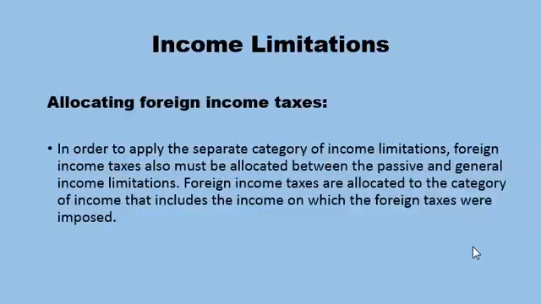Allocating foreign income taxes. In order to apply the separate category of income limitations, foreign income taxes also must be allocated between the passive and general income limitations. Foreign income taxes are allocated to the category of income that includes the income on which the foreign taxes were imposed.